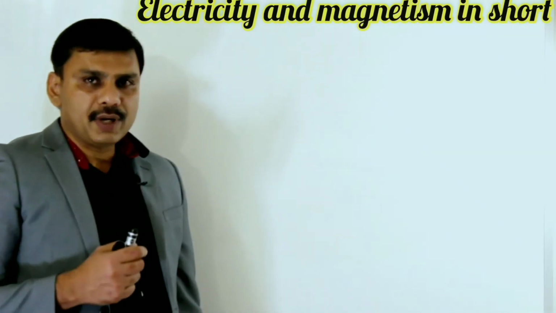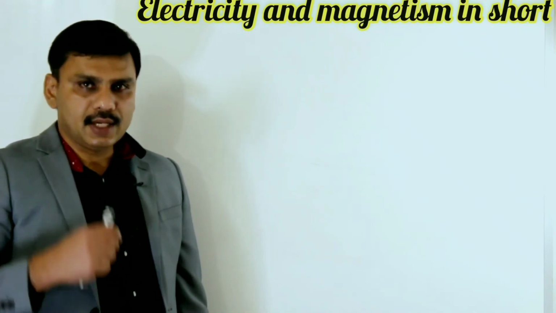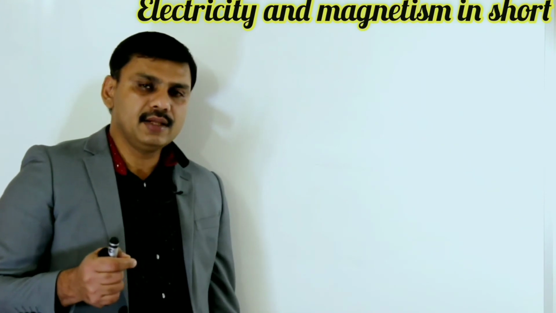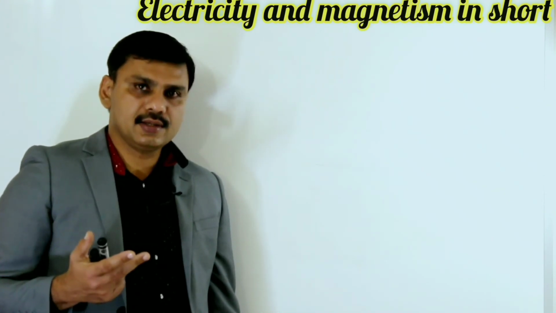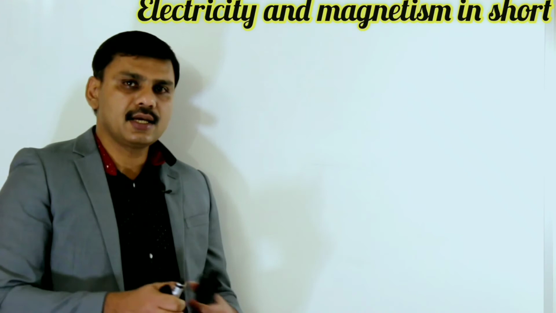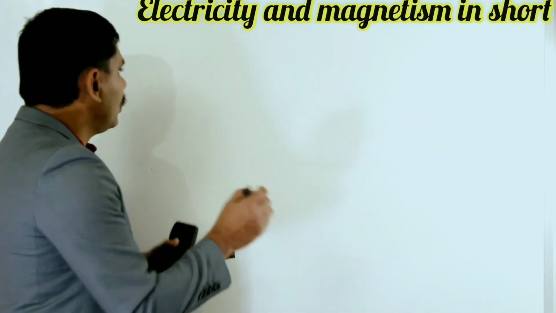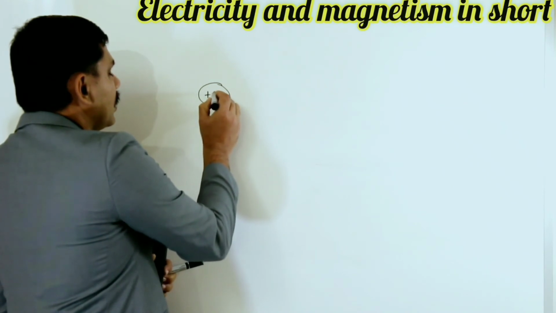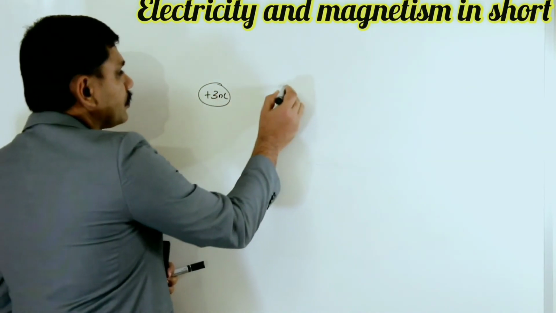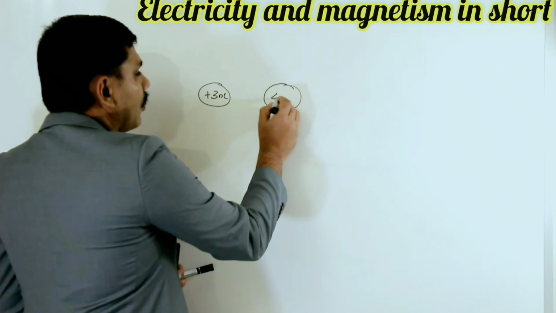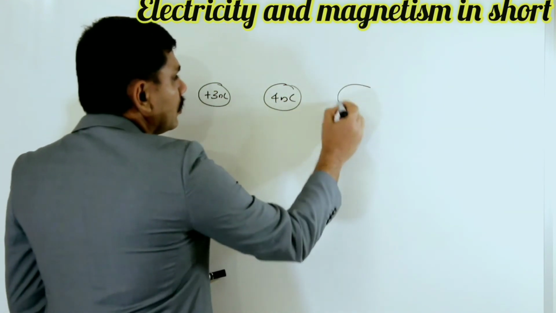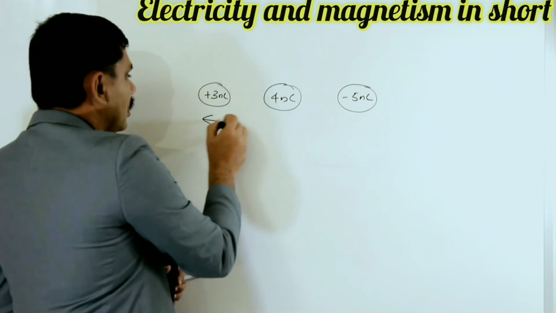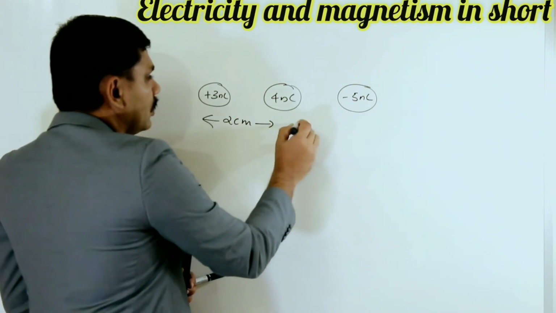Here I am doing a numerical problem, that is the force experienced by a charge due to two charges. For that I am considering an example. So here plus 3 nanocoulomb, 4 nanocoulomb and minus 5 nanocoulomb, and the distances are 2 centimeter and 3 centimeter.